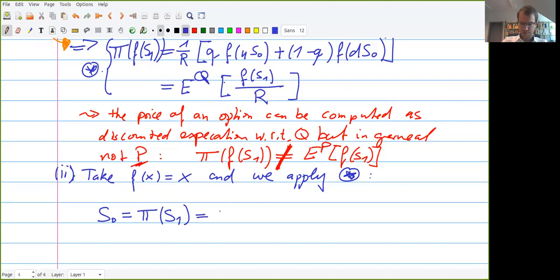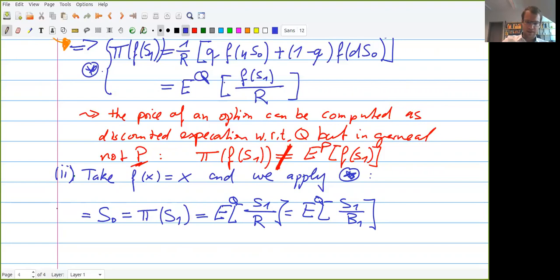Is equal to what? We apply this formula, so this is equal to the expected value under Q of S1 divided by R. This is nothing else than the expected value of S1 divided by B1, right?